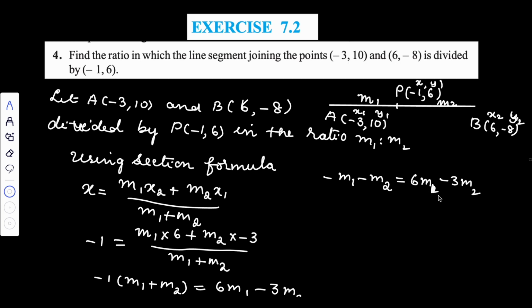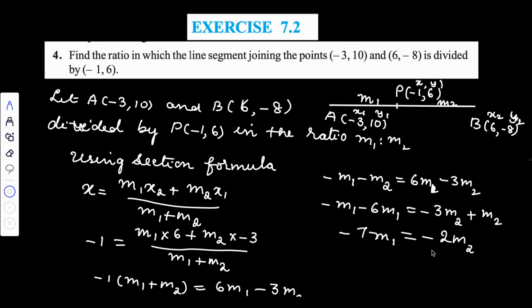Now we'll shift all m1 to one side and m2 to the other side. -m1 - 6m1 is equal to -3m2 plus m2. So we will get -7m1 is equal to -2m2.